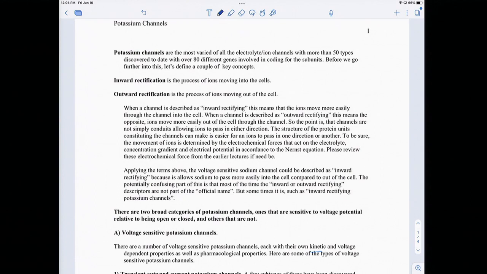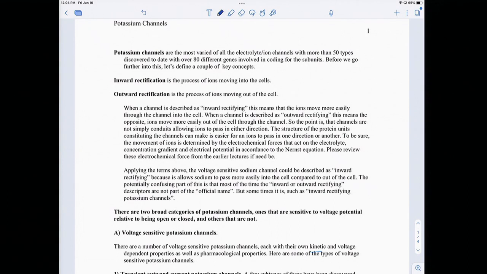And over 80 different types of genes have been discovered that code for the various subunits that are put together to create these various potassium channels. Each of these potassium channels has its own kinetics and its own physical properties in terms of how they open, how they close, what they permit in, and what they permit out in terms of flow of potassium. So this is why we need to spend a little more time on potassium channels.